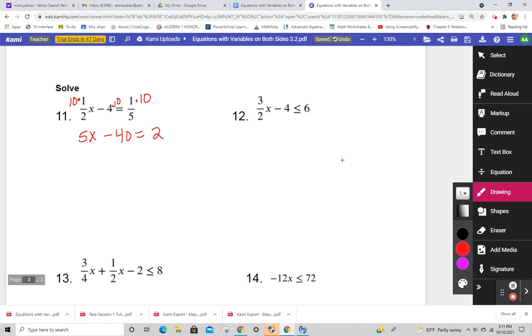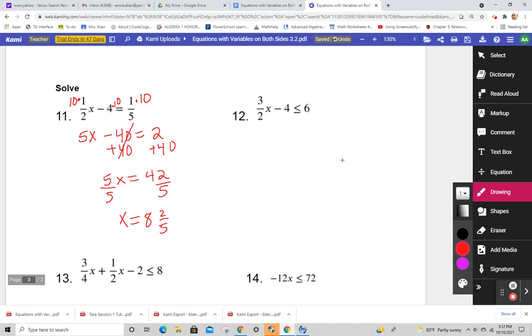Divide that by 5 is 2. We're going to add 40 to both sides. So we'll have 5x equals 42. Divide 5 from both sides. So 5 goes into 42 8 times, because 8 times 5 is 40. That leaves us with 2/5 left over.